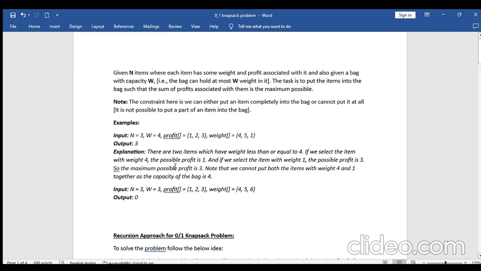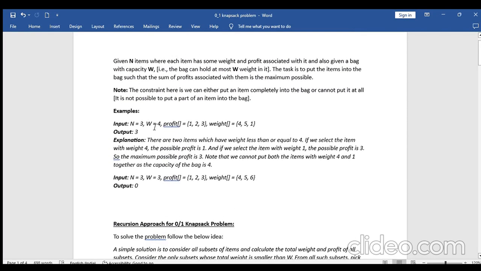Let's understand why it is 3. Here the overall weight is 4 and the weights in the array are 4, 5, 1. In that case the possible combinations would be 4 and 1, because they are less than or equal to the weight allowed. So there are two items which have weight less than or equal to 4. If we select the item with weight 4, which is equal to the allowed weight 4, the profit is only 1.